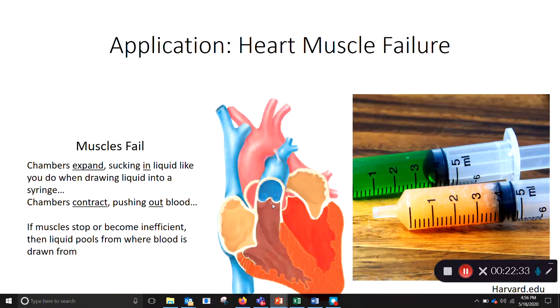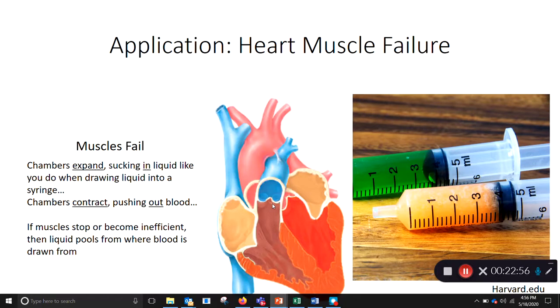So the question is, if these cardiac muscles stop working because of a myriad of reasons, maybe a valve has gone bad, maybe there's a clog on the outside not letting your heart get the nutrients that it needs and it dies off, so bad muscle tissue, you're going to start getting blood pooling up.